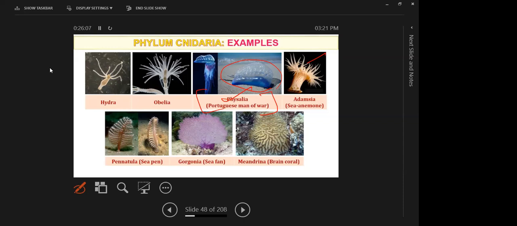Fish? Insect. So similarly, seahorse is a horse? No, fish. So this is what they'll ask you in NEET. Sea fan, sea pen. What are they? They are coelenterates. Whereas sea urchin is an echinoderm. Okay, so this is what you need to know.